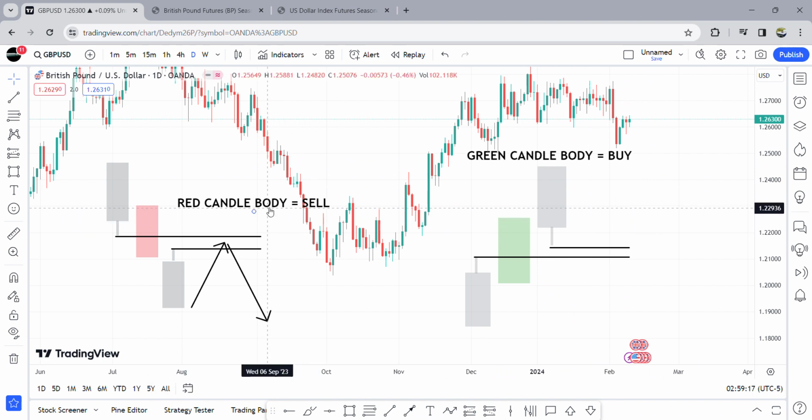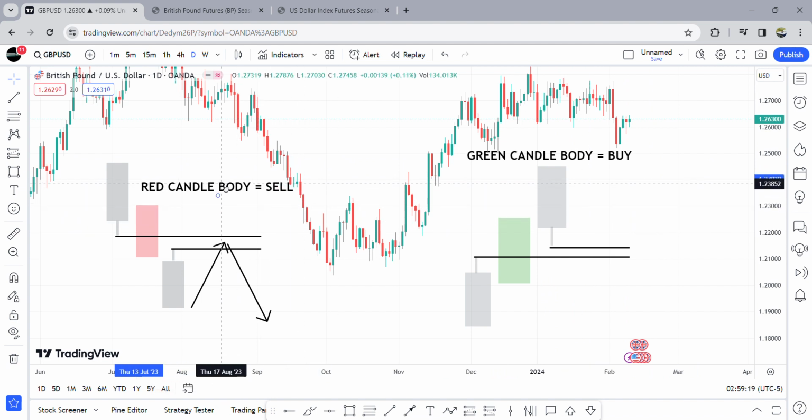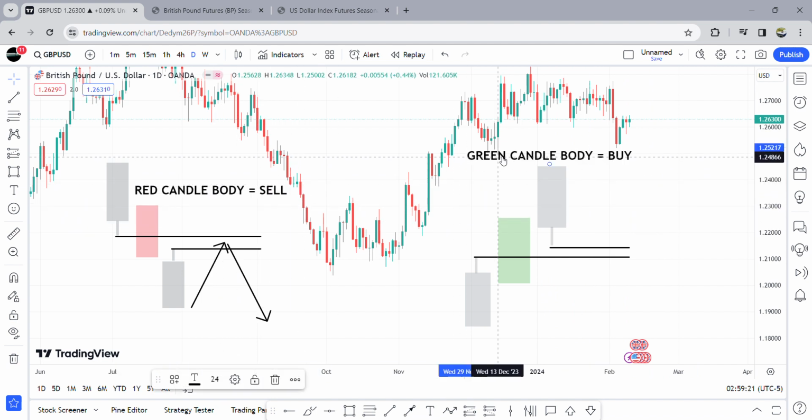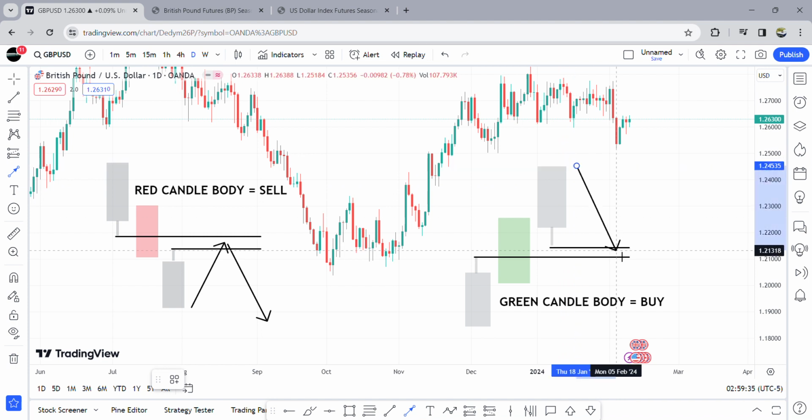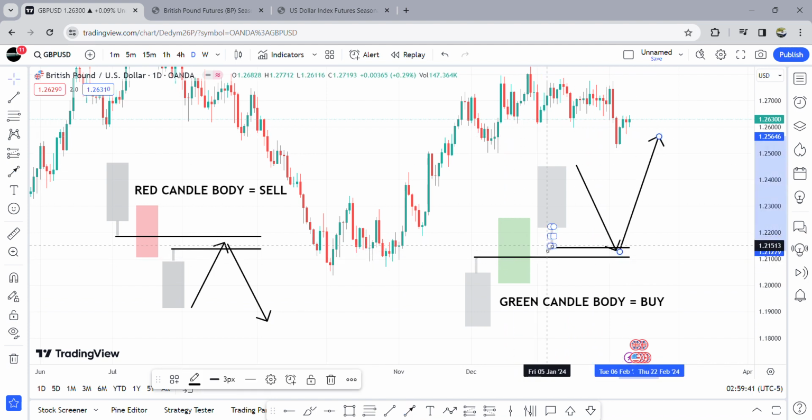This is just a general rule and it works most of the time. For now we're going to keep it simple and I'm going to use this, because this works most of the time. Price will usually come back and then push higher off of this area where there's only buying.